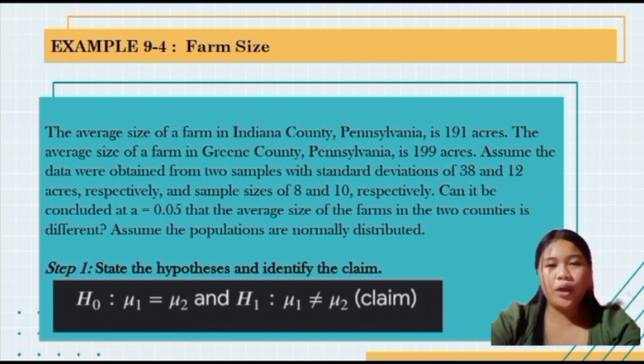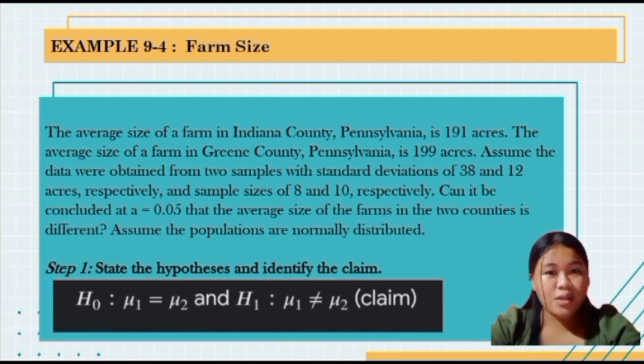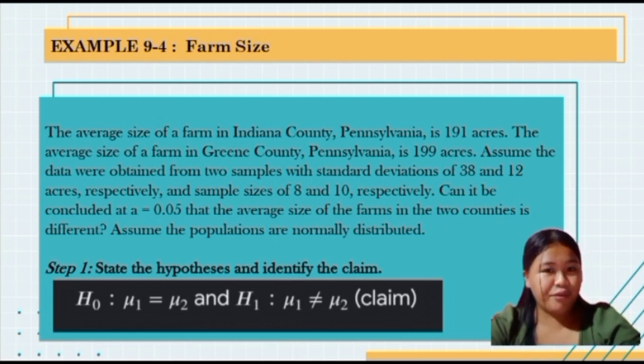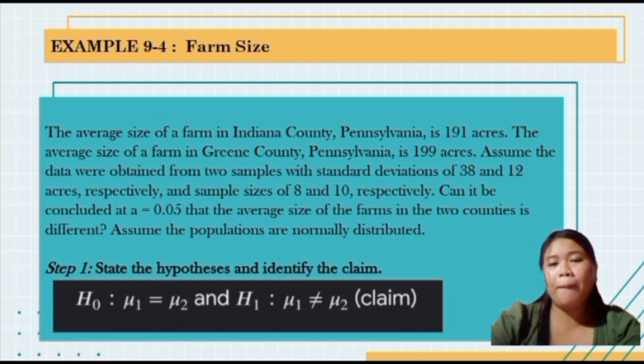Assume the data were obtained from two samples with standard deviations of 38 and 12 acres respectively, and the sample sizes of 8 and 10 respectively. Can it be concluded at alpha equal to 0.05 that the average size of the farms in the two counties is different? Assume the populations are normally distributed.